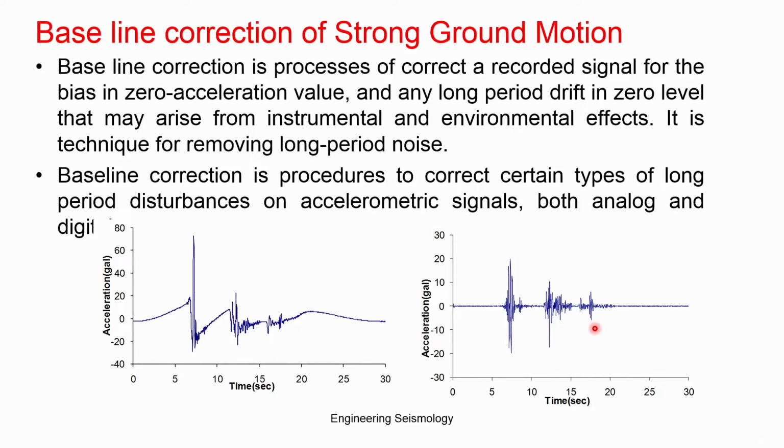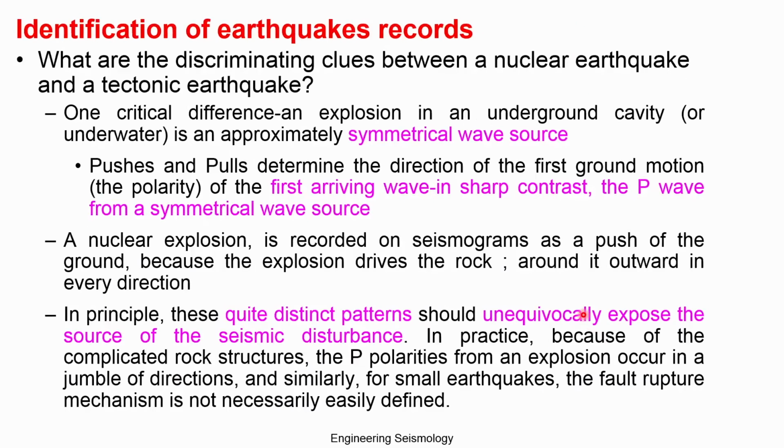Once you have corrected the data, next you have to confirm that the vibration recorded by the seismometer or accelerometer is an earthquake and not some other vibration. We have seen that earthquake data, based on the source, can be classified into 5 categories.